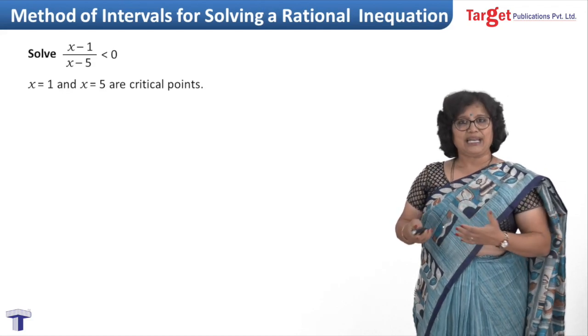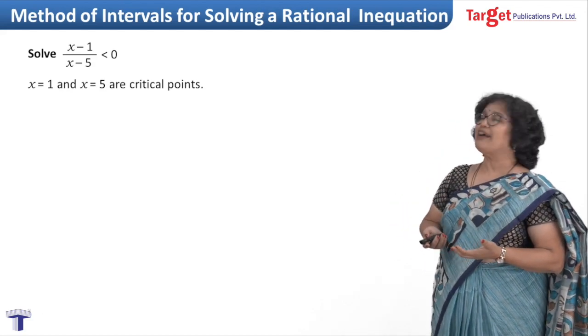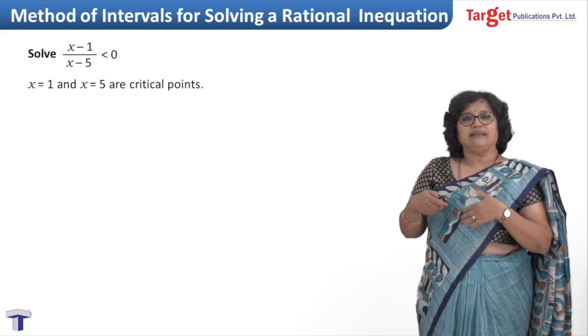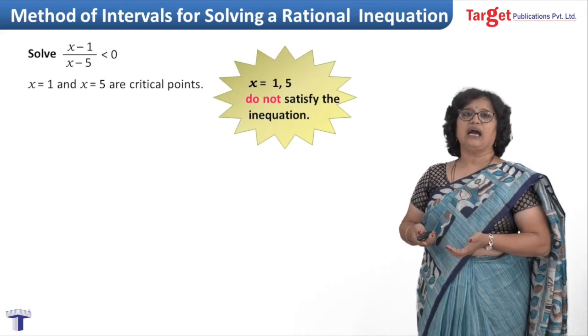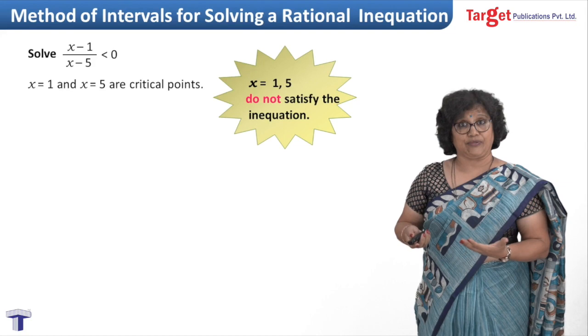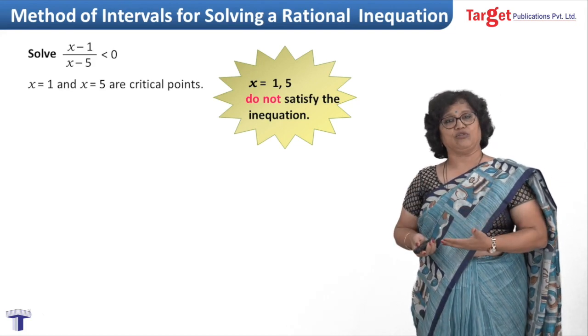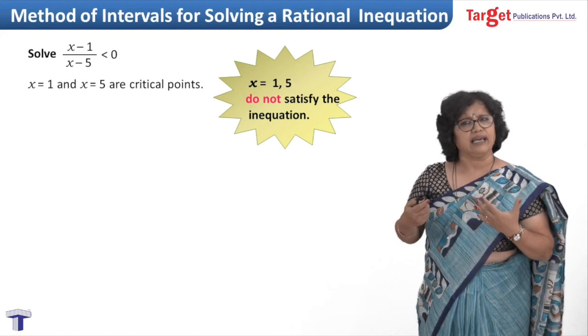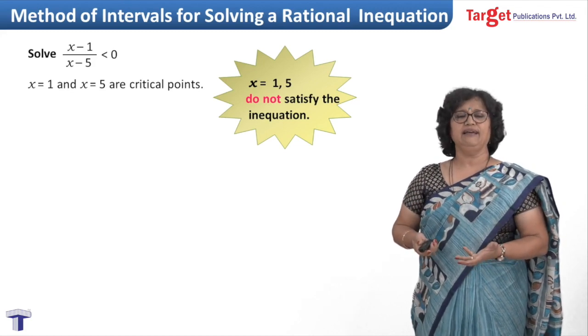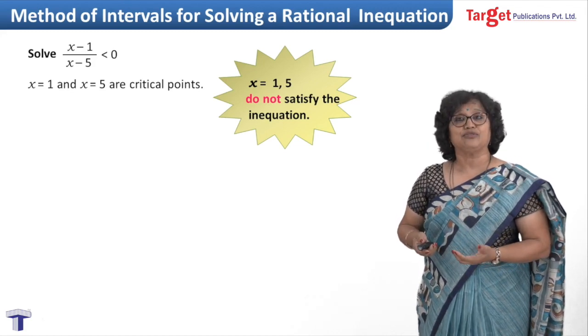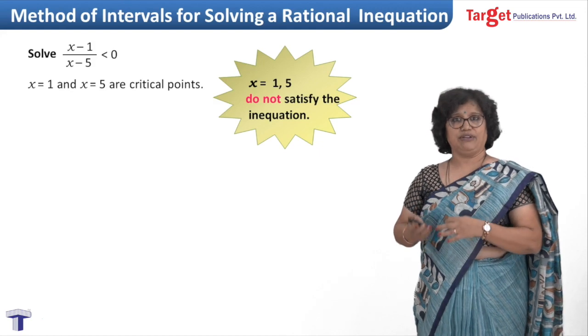Now, once I get x equal to 1 and x equal to 5 as critical points, the next step is to think whether they satisfy the inequation. x equal to 1 and x equal to 5 do not satisfy. Obviously, x equal to 5 was anyway not expected, but x equal to 1 does not satisfy because it is a strict inequation.